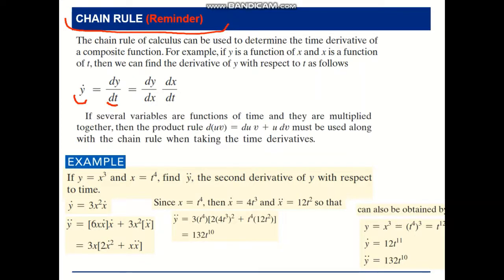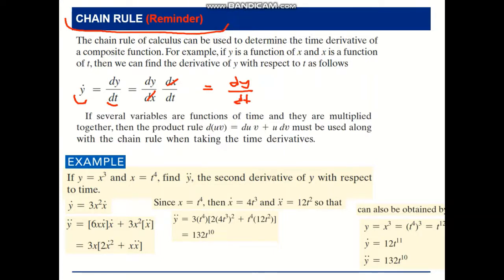But if y is given by x, and x is given by a function of t, we can divide this into two portions, which are dy/dx and dx/dt. As you see, if we multiply these two, they cancel each other, so it's again dy/dt. So this, in short, is the chain rule.